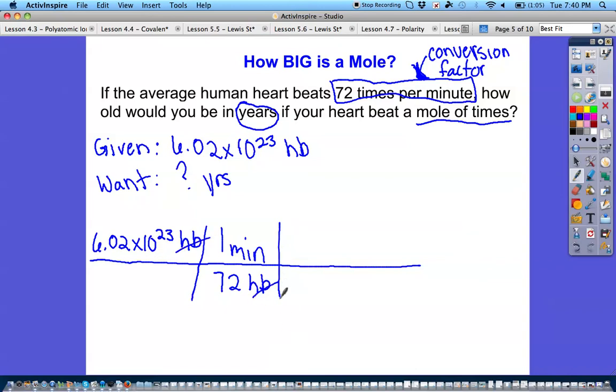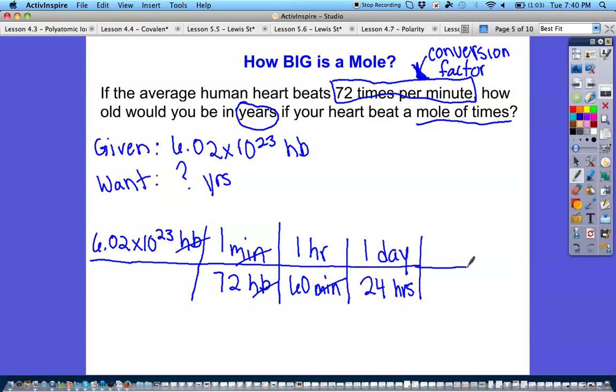We don't want minutes, so in 1 hour there are 60 minutes. We don't want hours either, so in one day there are 24 hours.